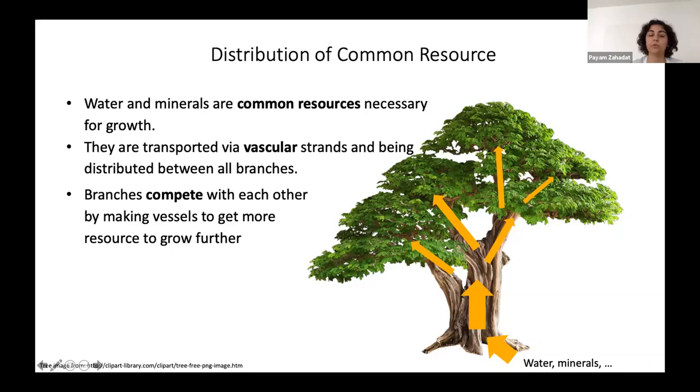This distribution is via vascular strand, so all the vessels in the branches do this distribution. And branches actually compete with each other for getting these common resources because the resources are limited. If some branch makes more vessels, it would get more resource, and therefore it can grow further.